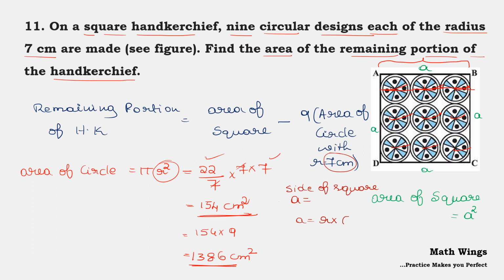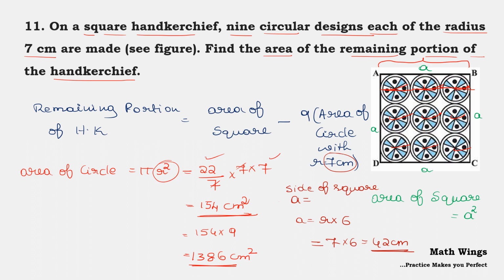So I have to multiply the radius by 6, or a is equal to 7 into 6, that is 42 centimeter. So now I have the value of a as 42 centimeter.